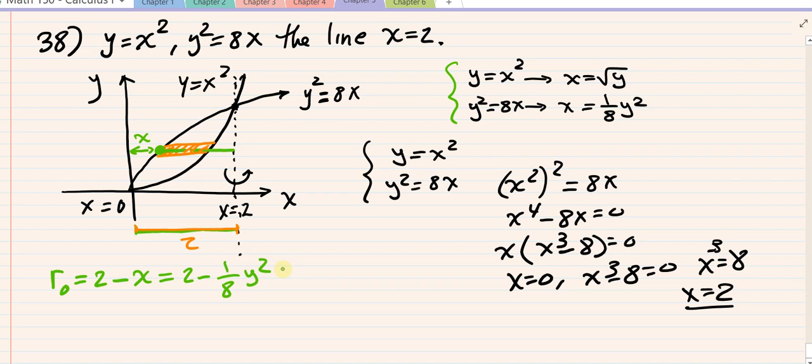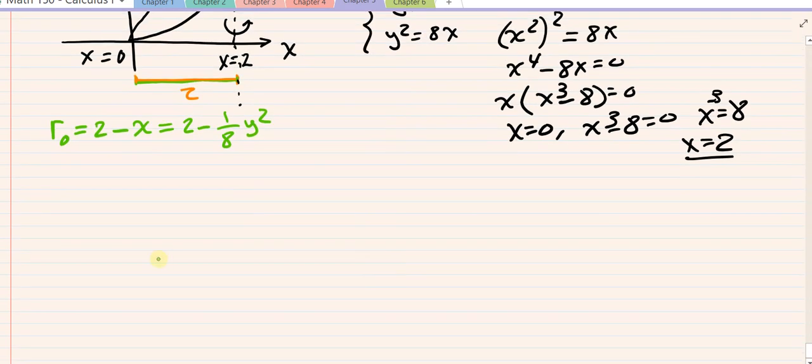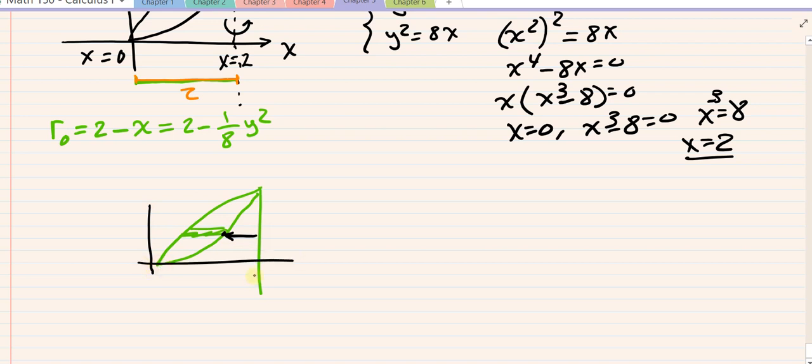Now, the inside radius is going to be 2, again, minus, let me use this one. We're looking at this segment right here. We want to find this distance from 2 to there. That distance is the distance from the y-axis to the basic parabola.